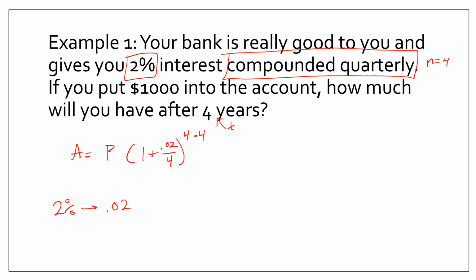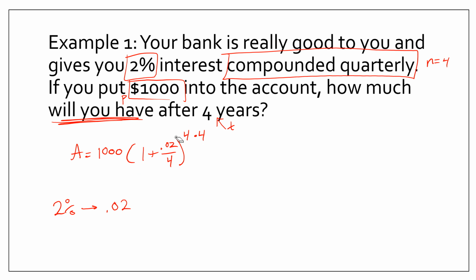Finally, this money, is it the A or is it the P? Well, this 1,000 is actually the P. Why? Because remember, the P, the principal, is the amount of money you put in at the beginning. The A represents how much you will have after the amount of time. Notice, all of my knowns are on one side of the equation.